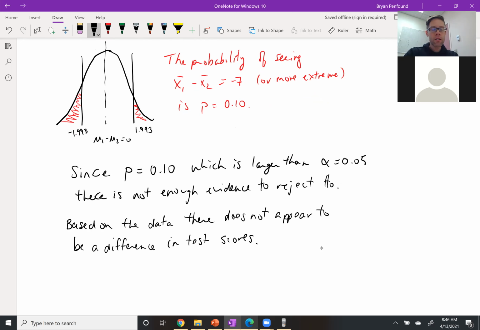Or in other words, these teachers both did an equally good job as they could based on the scenario happening in the world today in the pandemic, and the students did relatively okay. They're relatively the same. Good old pandemic learning. So that's really all I would like to cover with regards to working with two means.